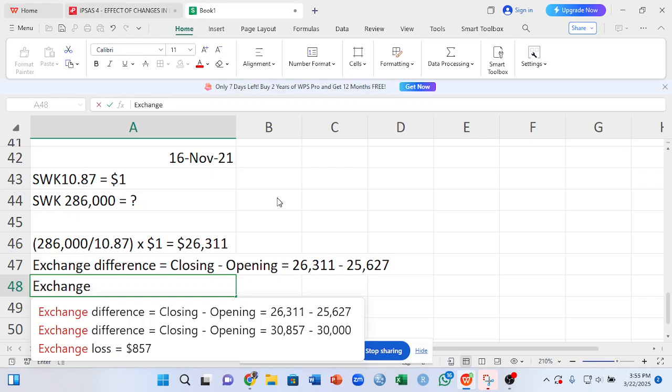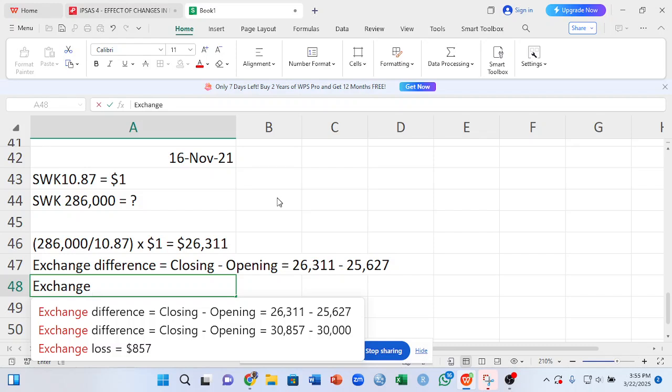Previously we needed 25,627 for the foreign currency. With the same foreign currency amount of 286,000, our functional currency has increased to 26,311 to get that same 286,000 Swedish krona.